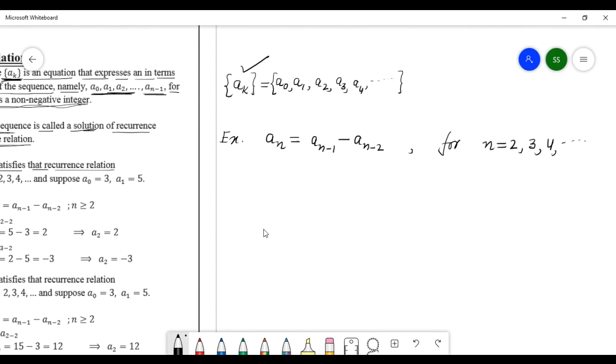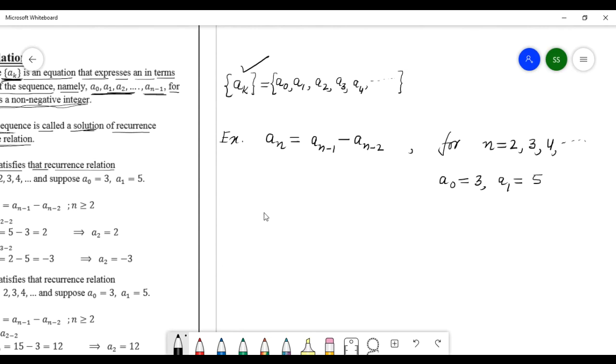Right? And suppose it is given in the question that a_0 equal to 3 and a_1 equal to 5.